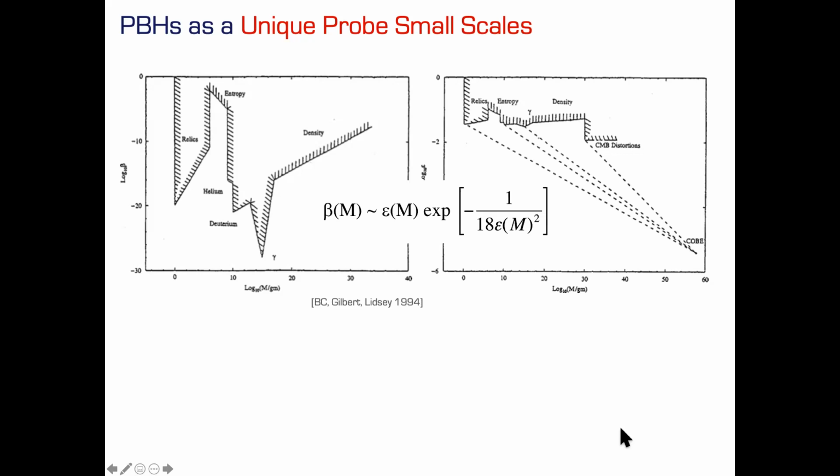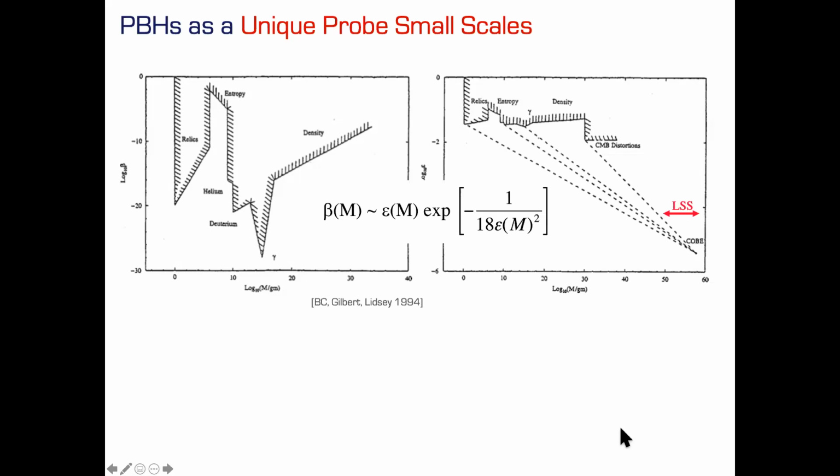And I also told you that the large-scale structure constraints that we have are far, far out to the right, meaning at much, much larger scales. And the amplitude of the fluctuation, which you know from the CMB, is now measured quite finely, and it is much, much lower.